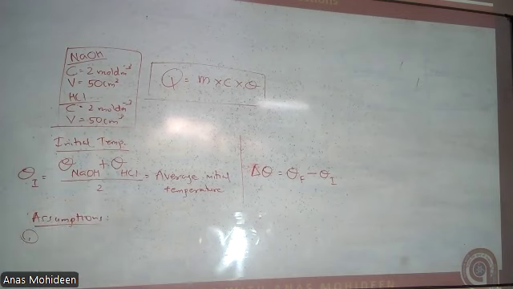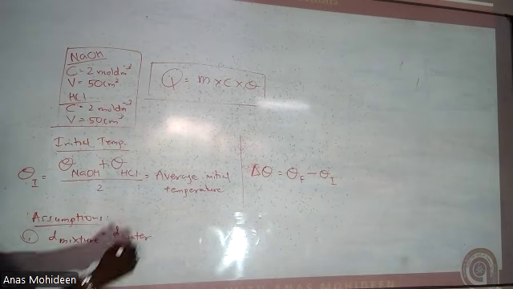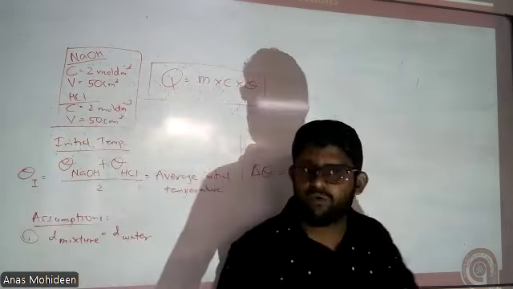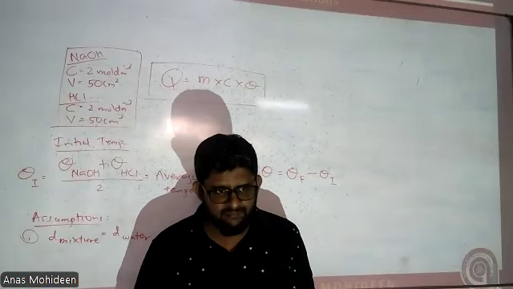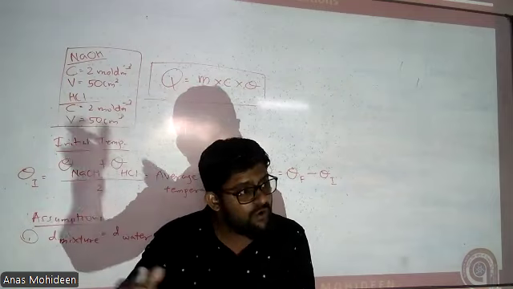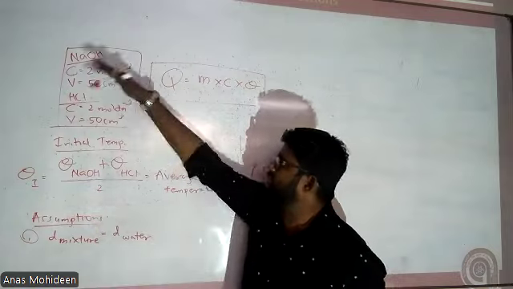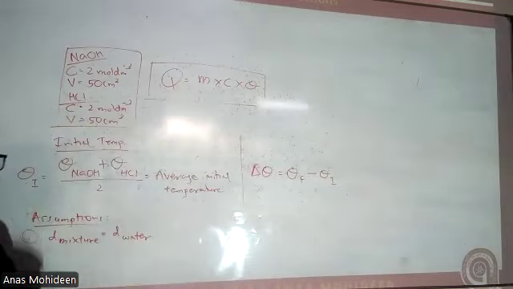Number 1, I am going to take the density of the mixture as equal to the density of water. Since I told you earlier, both of them are diluted, right? More water is added, so the mixture contains more water. So I make the total mixture's density equal to water's density.